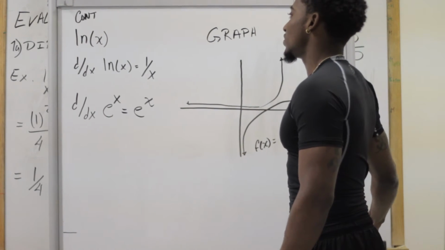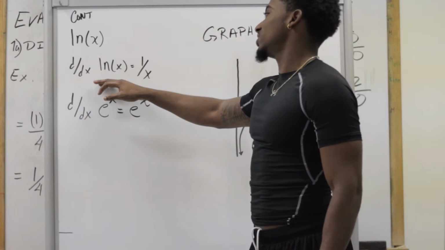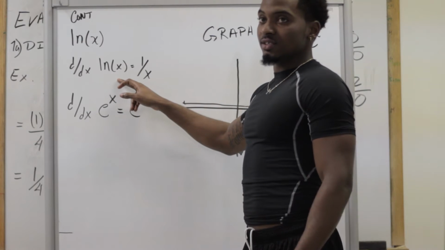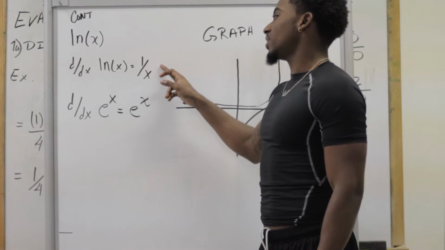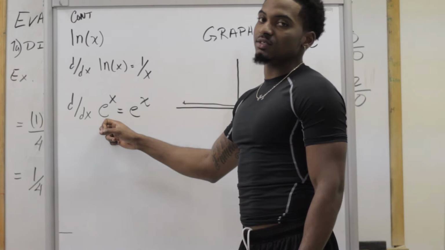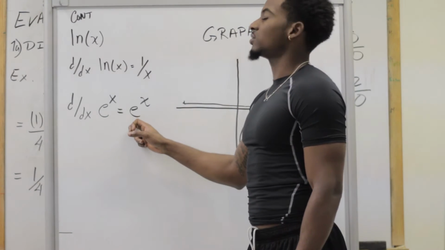First, write the limit, which is natural log x. Basically you're going to take the derivative of that, which gives you 1 over x. Next, find the derivative of e to the x. Whenever you have e to the x, it's always going to be equal to e to the x.